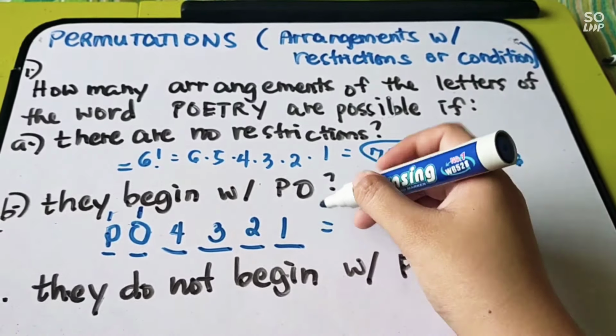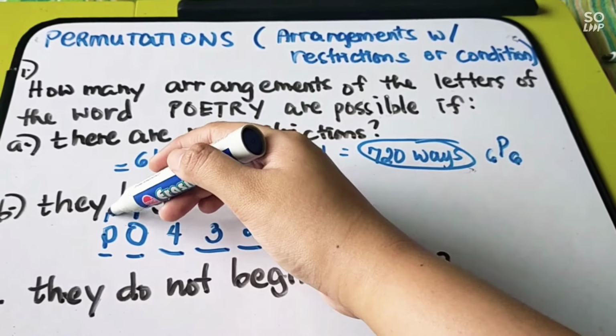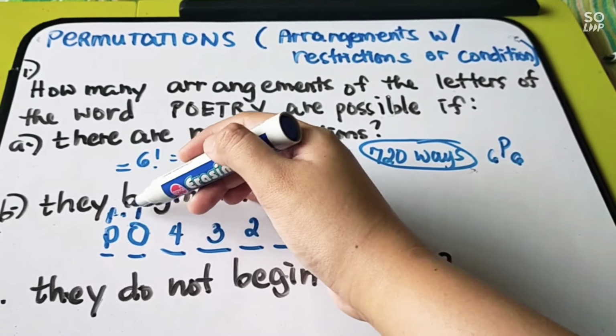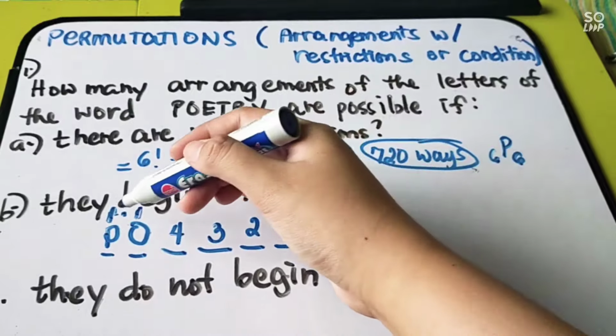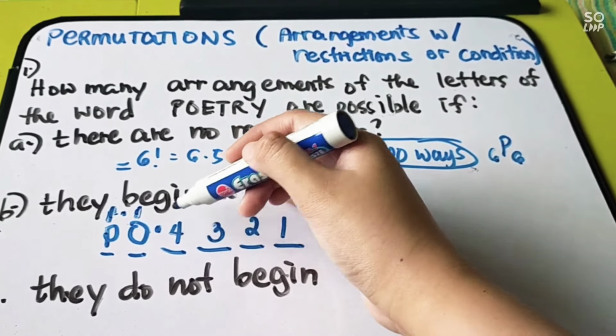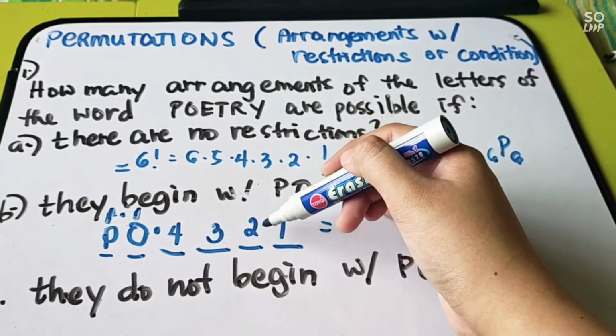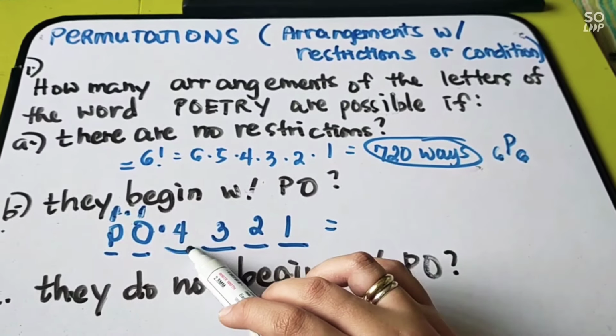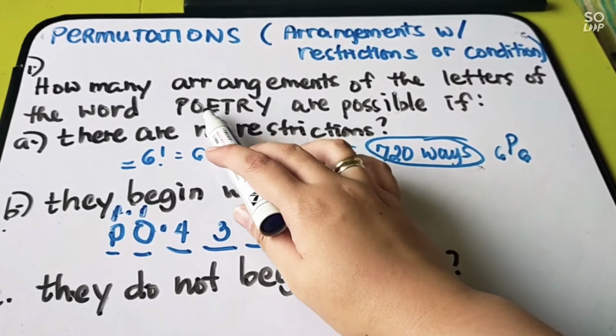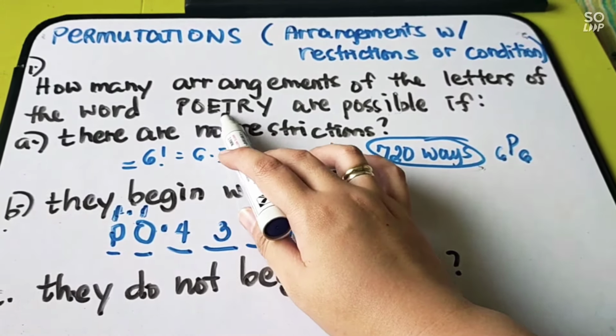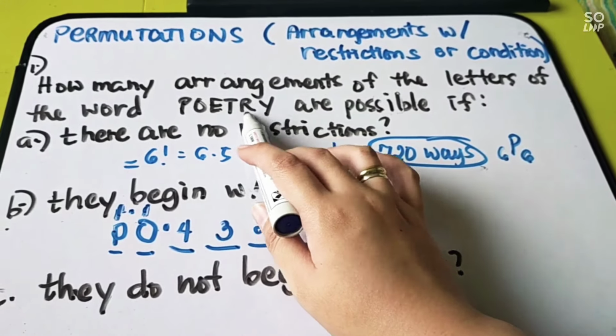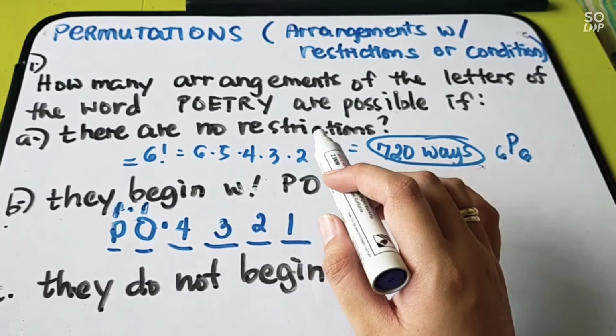So, ganun lang kasimple. So, si P is count as 1, then times 1. So, 1 times 1, times 4, times 3, times 2, times 1. Bakit times 4? Kasi apat na letra na lang yung natira dun sa word na poetry. Si E-T-R-Y. So, sa apat ka na lang mamimili. Is it clear?